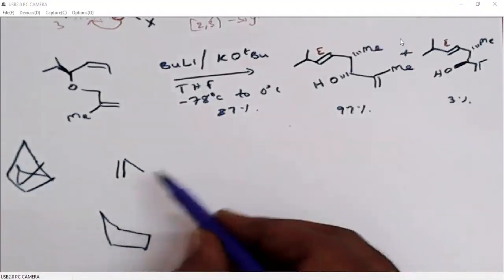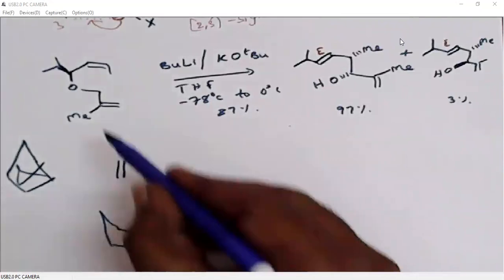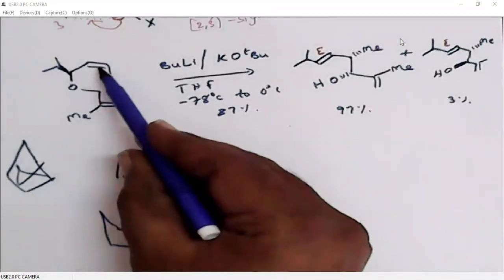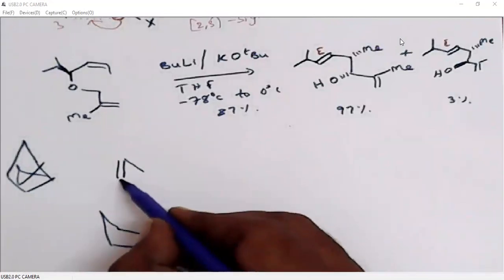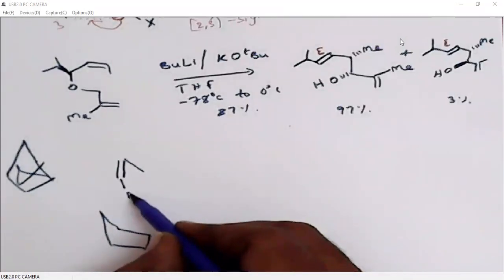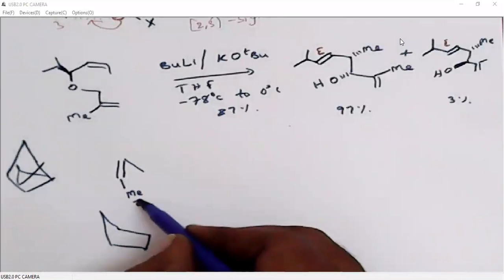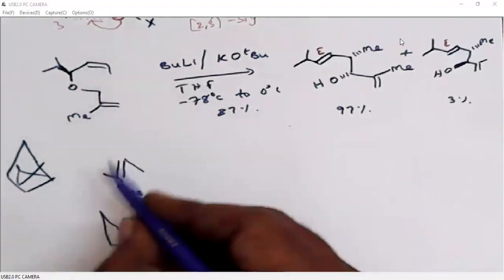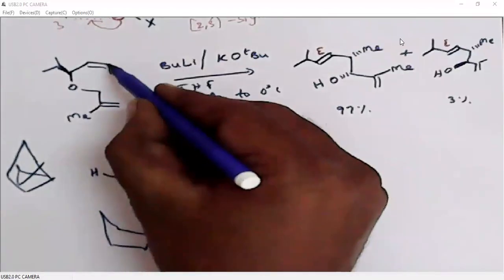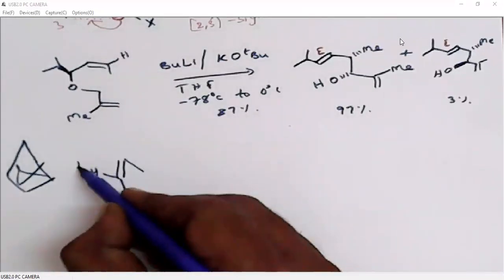Right. So here, this is the double bond. Then what we need to do is give the Z group below the plane. That means the substituent. Then hydrogen, of course, will be on this side, so it is the E group.